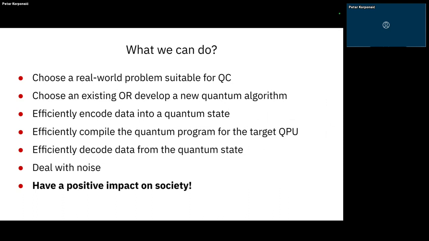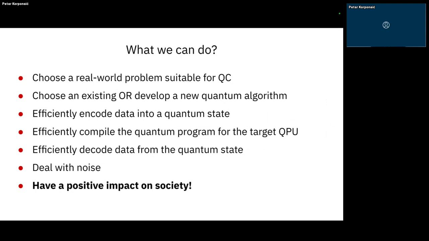Then choose which algorithm to use, or develop a new quantum algorithm, which is something that you can do, why not? Find how to efficiently encode classical data into a quantum state, and how to efficiently compile the quantum program for the target quantum processing unit, because every quantum computer has a different instruction set and different quality of qubits, and compiling for a quantum computer is challenging, and there is a lot of space to improve and to innovate.